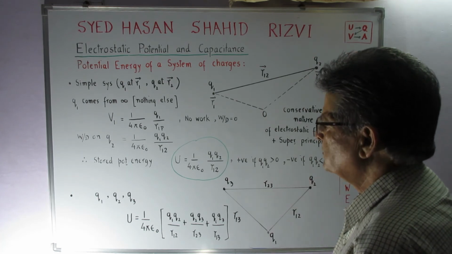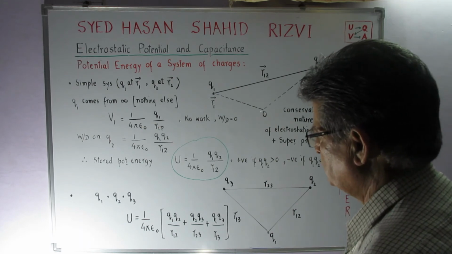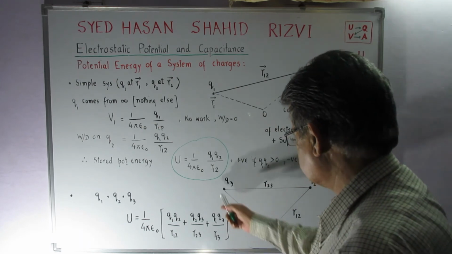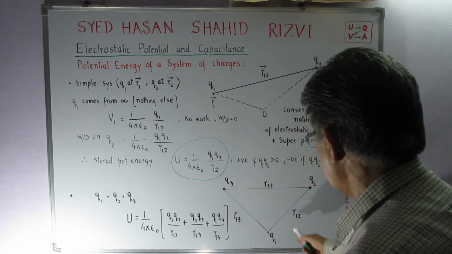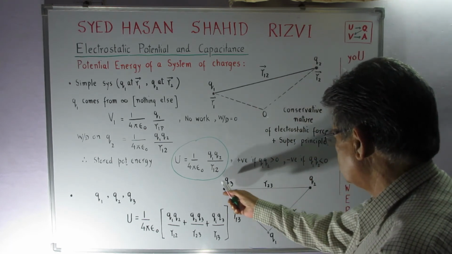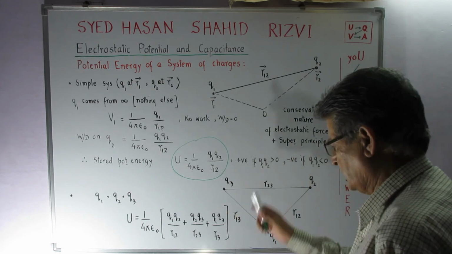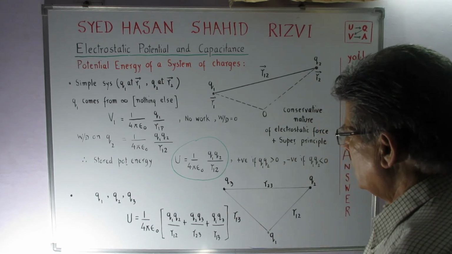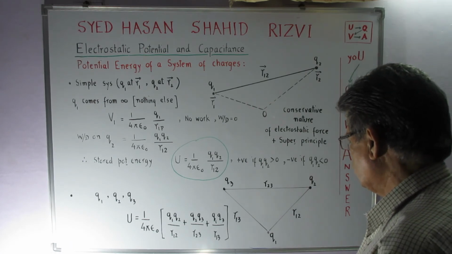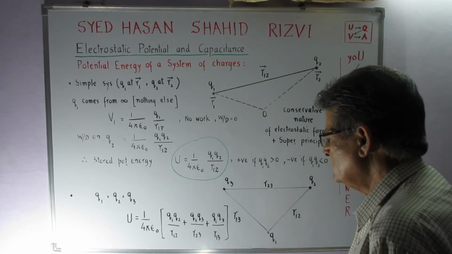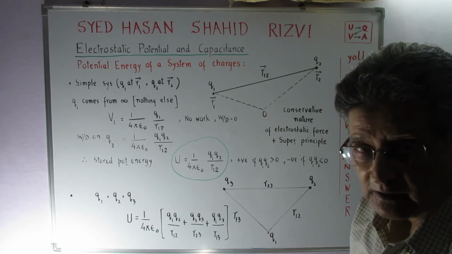Now next we take another system of 3 charges, Q1, Q2, Q3. Here R12, here R23, here R13. So naturally what will happen is that suppose I bring in Q1, so no work has to be done.